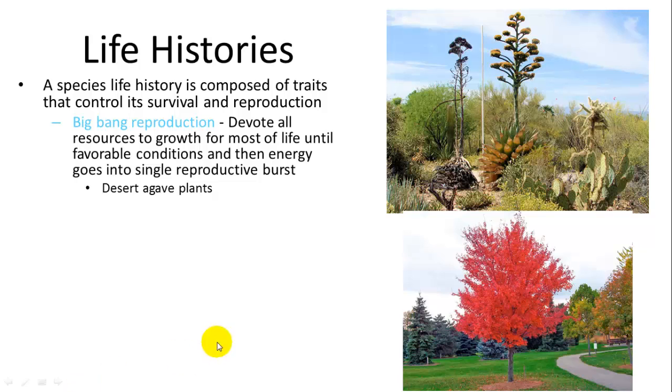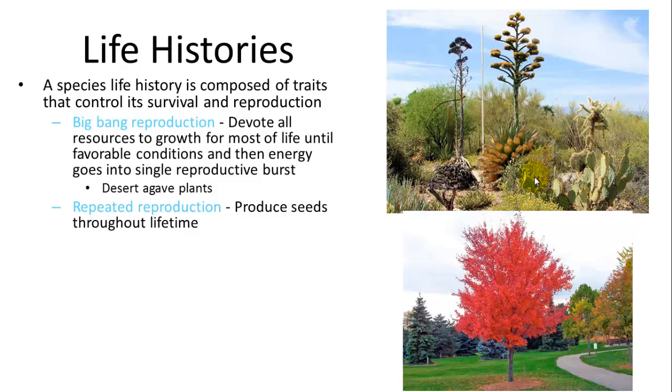An example of this is the desert agave plants. These will generally only bloom once every 7 or 8 years, some even longer than that. But this is the flowering stalk. Normally you just have these large succulent leaves, similar to a cactus, but not as spiny. And then in the year of reproduction, they spend all this energy on reproductive flowers and seeds.